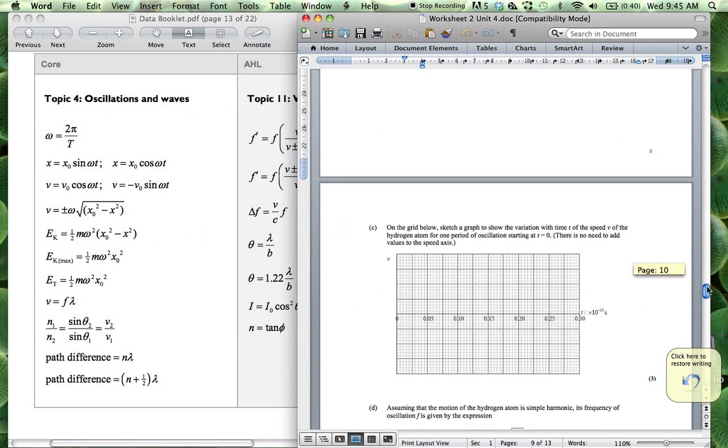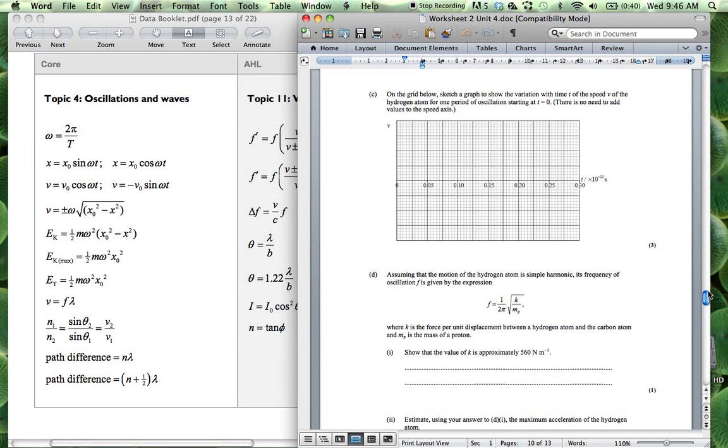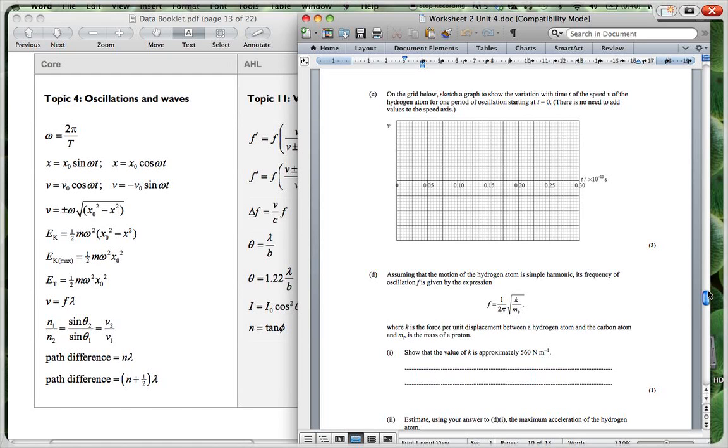so going down to the next part, it says on the grid below, sketch a graph to show the variation with time t of the speed v of the hydrogen atom for one period of oscillation at t equal to 0. Now, our graph for the displacement was the cosine graph.